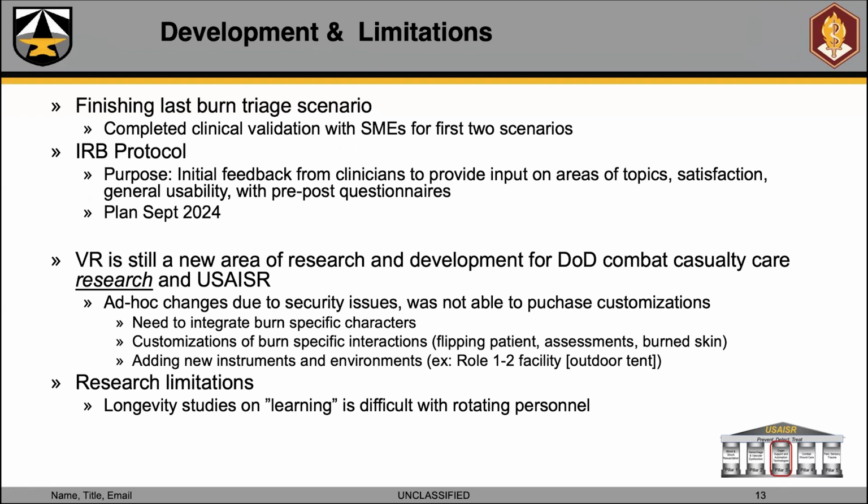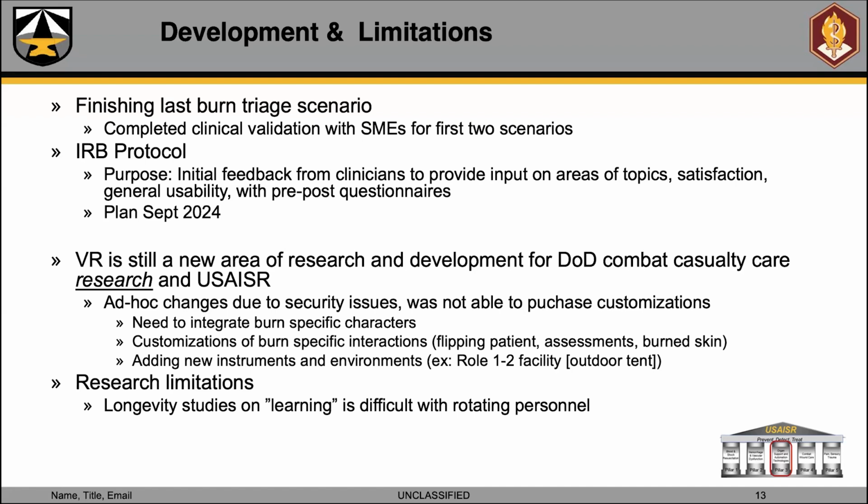So for our development and some of our limitations, right now we're trying to finish up our last burn triage scenario. The other 2 scenes have been clinically validated with our SMEs and the burn education team. Right now we're also working on our IRB human subject research protocol so that we can get initial feedback from clinicians, so they can provide additional input about the different topics that we're addressing.